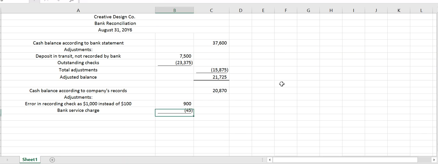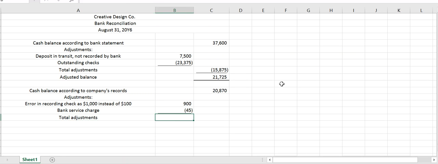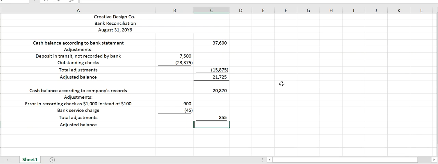So we're going to net this out to get our total adjustments. So overall, we're actually going to increase our cash value in our ledger by $855. So our adjusted balance should equal what we have as an adjusted balance for our bank, and it does.